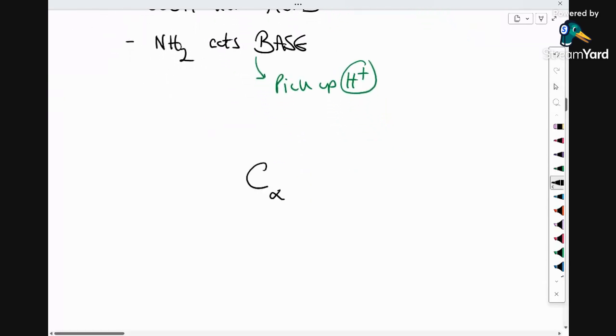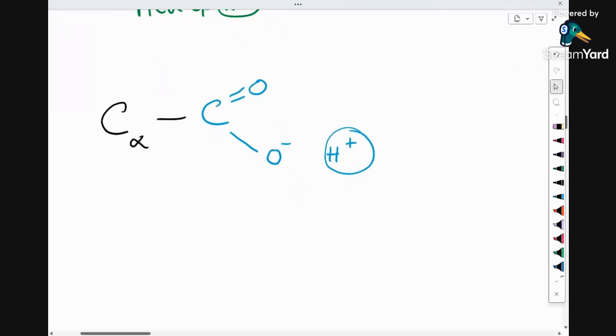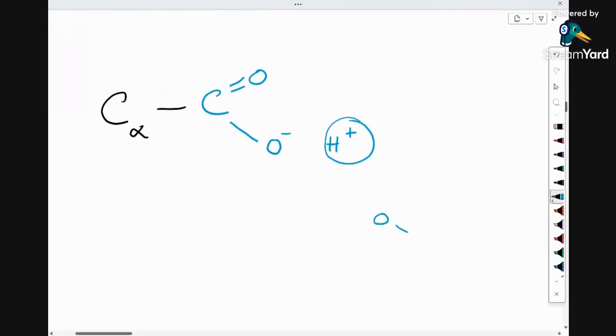So let's put our alpha carbon in. Our carboxylic acid group will donate its proton here to solution, and this oxygen therefore becomes negatively charged. This proton is given to solution. Now, what's going to happen to that proton? Of course, you have water knocking around.